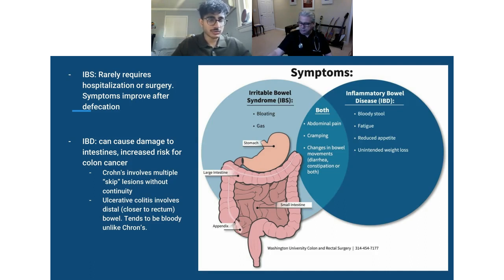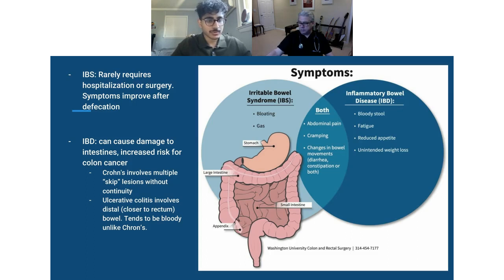Within IBD, there's also two subcategories. There is Crohn's disease, which involves multiple lesions throughout the gastrointestinal tract, and there's no continuity with these lesions, meaning you might have one lesion higher up on your GI tract and one lesion that's closer to the large intestine. So it can present that way, and it's usually an inflammation of the entire thickness of the bowel wall with Crohn's disease.